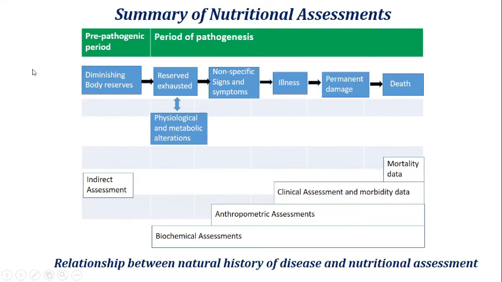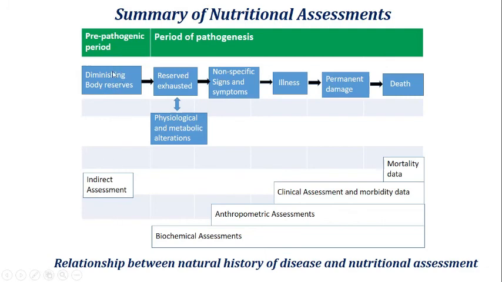Okay, then this picture, this figure, shows nicely the relationship between the natural history of disease and the nutritional assessment. What you cannot see here is the dietary evaluation methods. So dietary evaluation methods come in under this here.